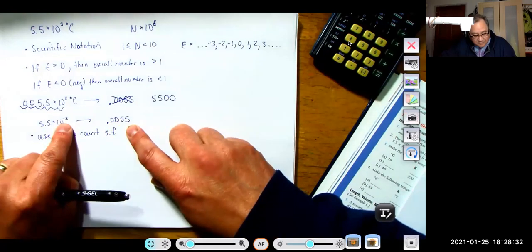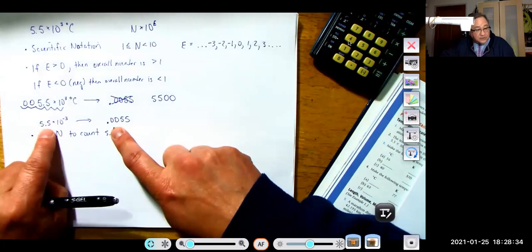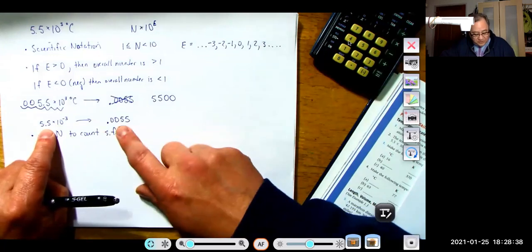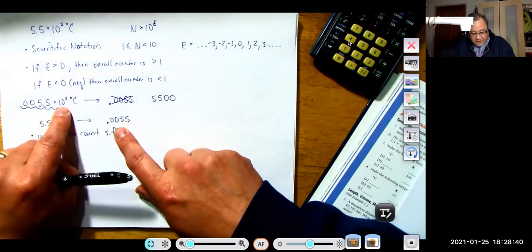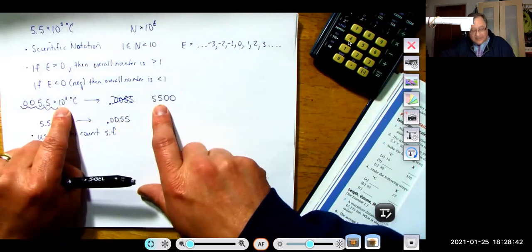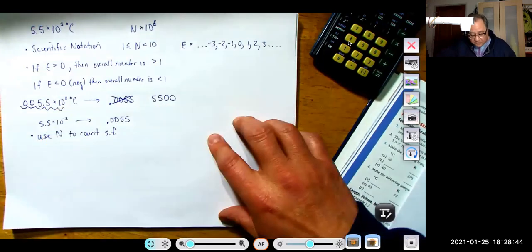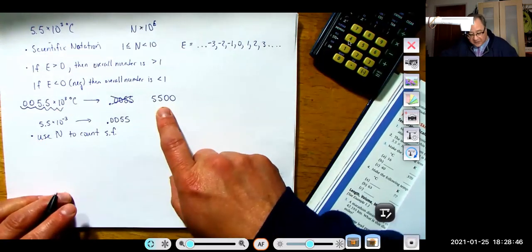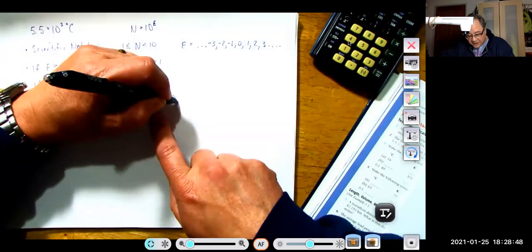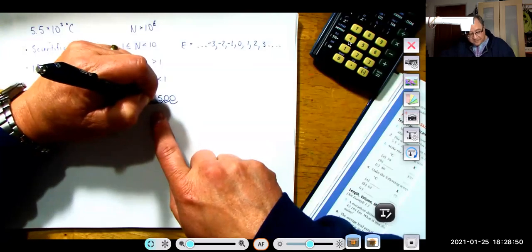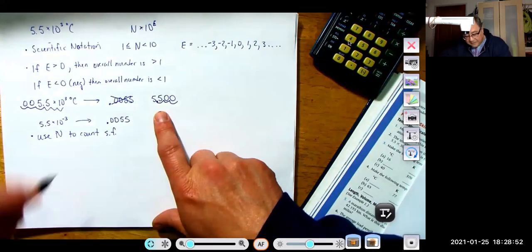If it's negative, make the number smaller than the original number. You're not really making it smaller, but you're doing what you're supposed to do here. And if it's a 3, you're going to make it bigger. And it's the same way for when you do the reverse. If I want to write this in scientific notation, I move the decimal over 3 times and I get 5.5.